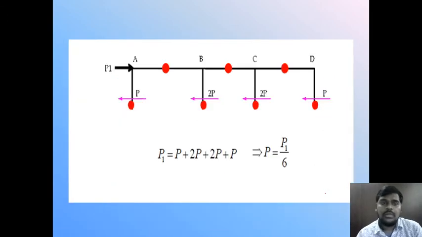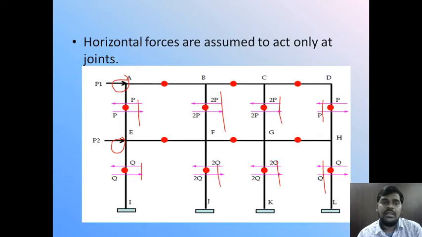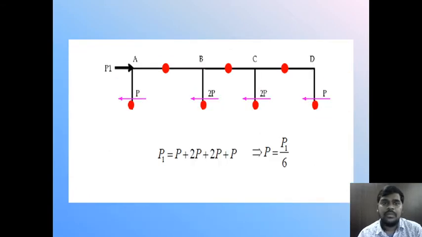So coming to the problem, this is P1, you can see in the topmost, A, B, C and D. P1 is acting at the right side, and we assume P, 2P, 2P and P, that means 1, 2, 3 and 4.